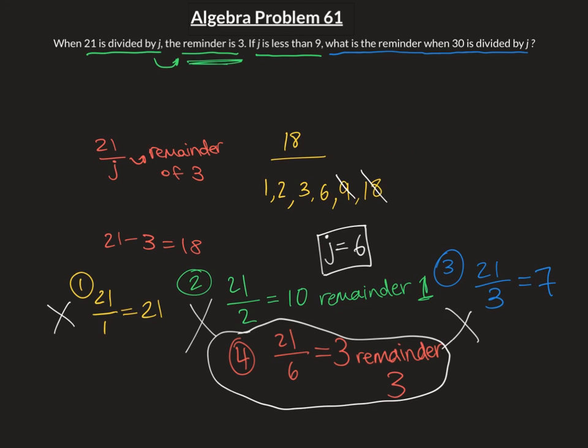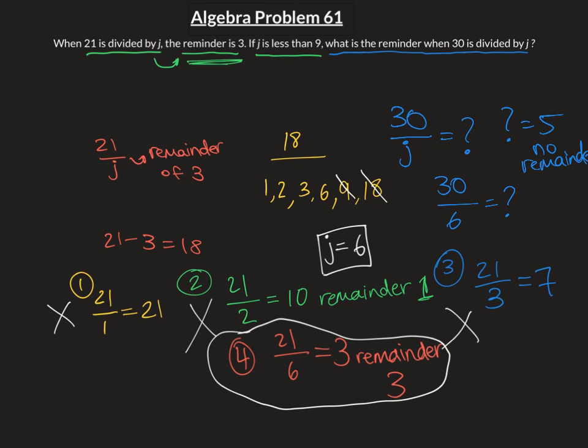So we've got 30 divided by j, and j is 6. So 30 divided by 6 equals what? That means the answer is 5 with no remainder.